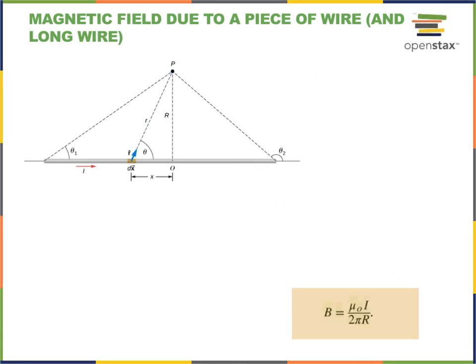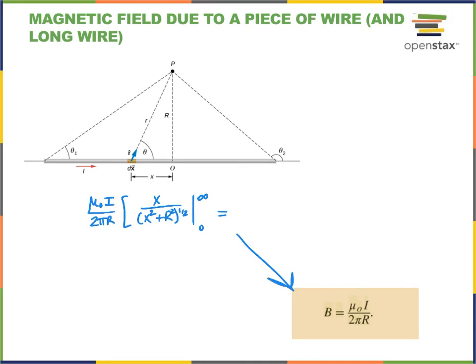And when we evaluate mu naught I over 2 pi R, and then x over x squared plus R squared raised to the 1/2, from 0 to infinity, we actually get this expression.